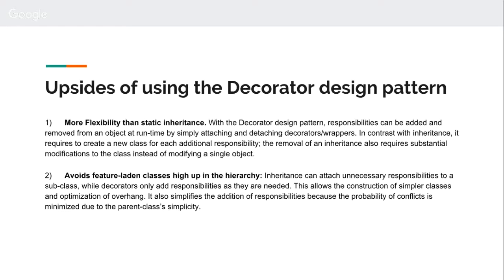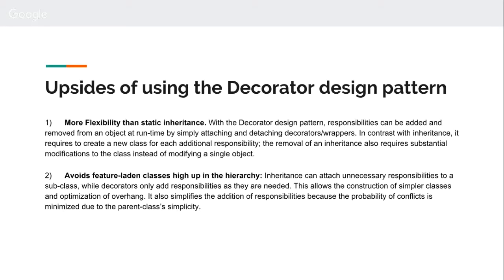Another upside is that some languages like Java don't let you have multiple inheritance. They just let you have interfaces. This might be an issue because you might want to inherit from, say, a grandparent, but you're just not allowed.